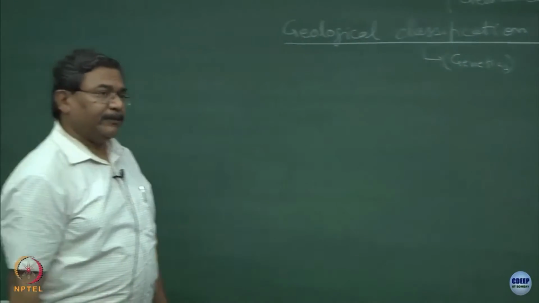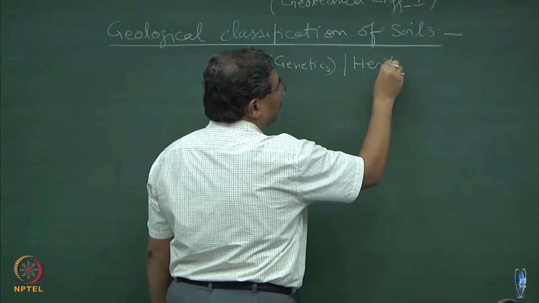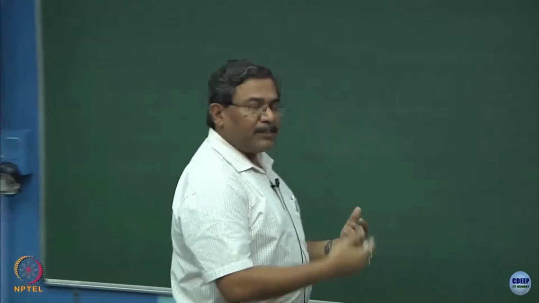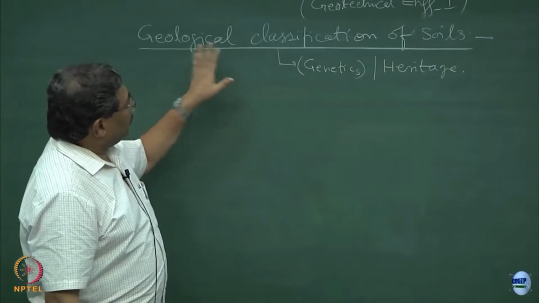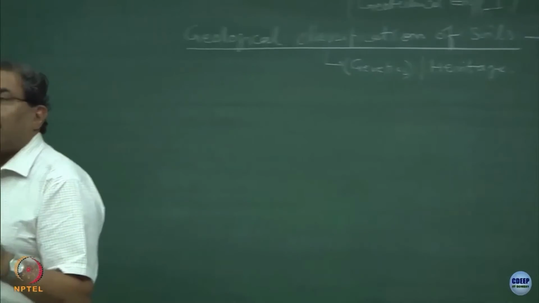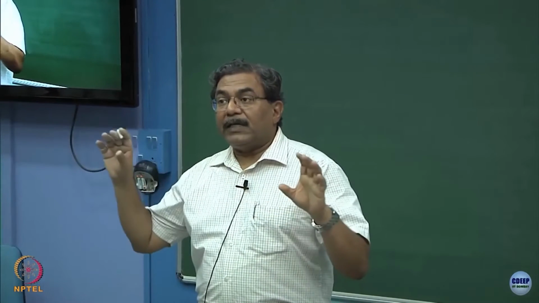The heritage. You know, they have a family tree, family heritage, is it not? We call it as a genetics, genomics, whatever you may call it. So, most of the time geological classification is carrying a connotation of the geomorphological features of the soils.